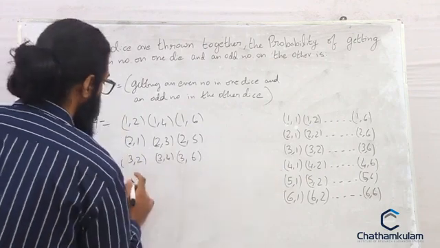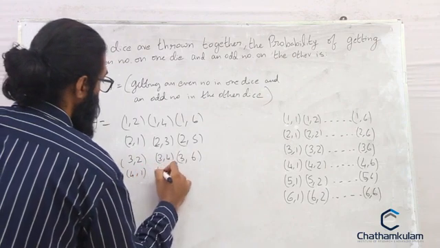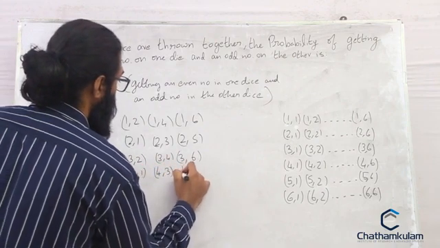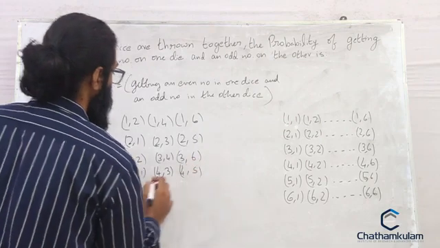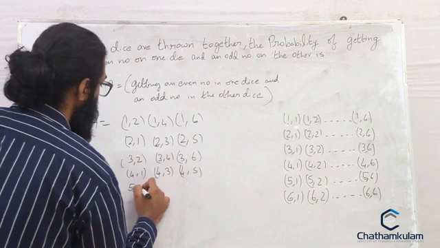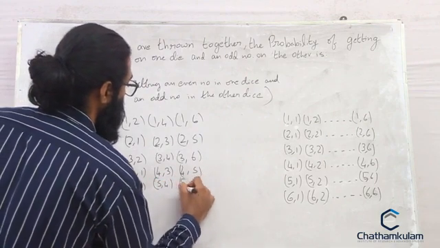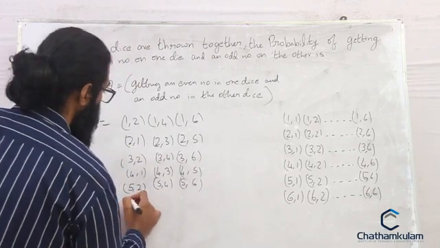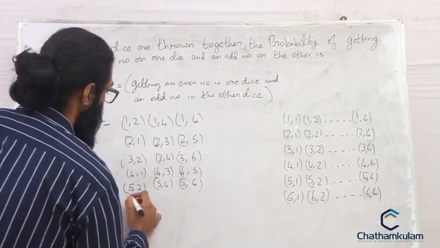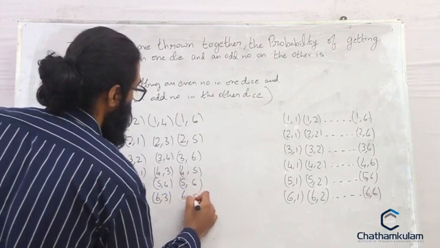In the fourth line we get this as 4 1, 4 3 and 4 5, right. In the fifth line we get this as 5 2, 5 4 and 5 6. In the sixth line we get this as 6 1, 6 3 and 6 5.